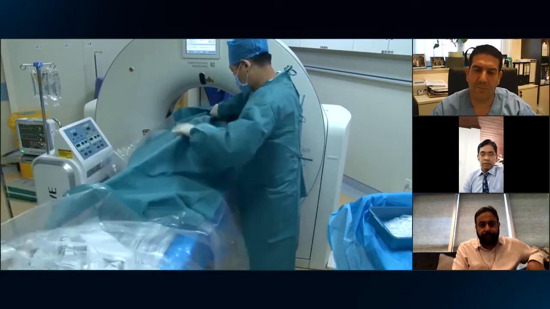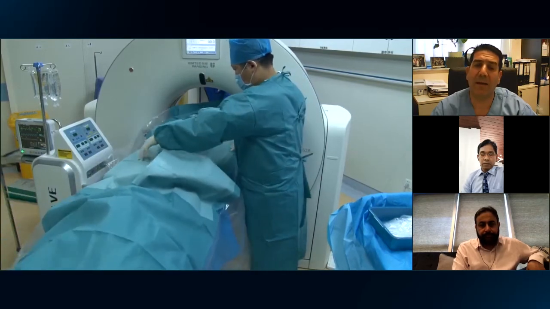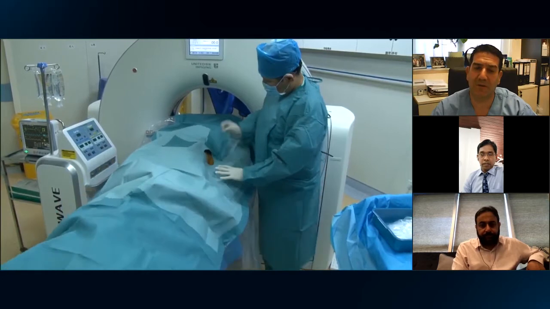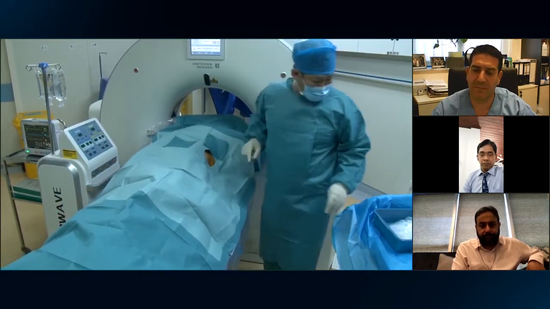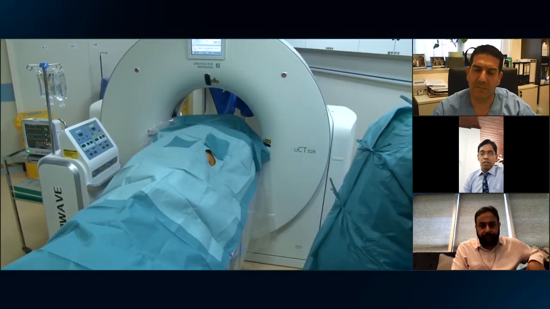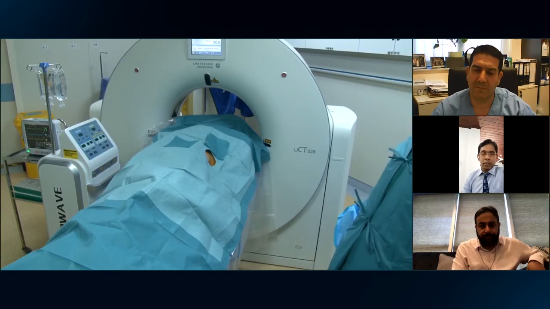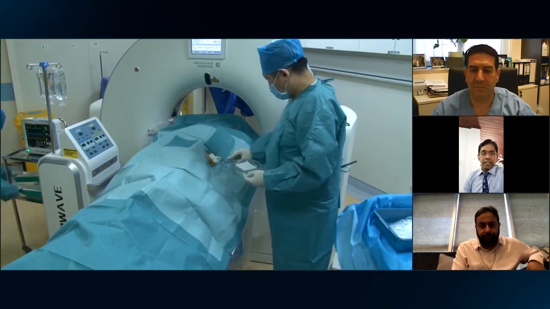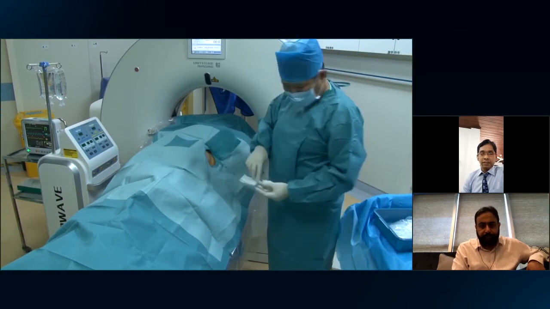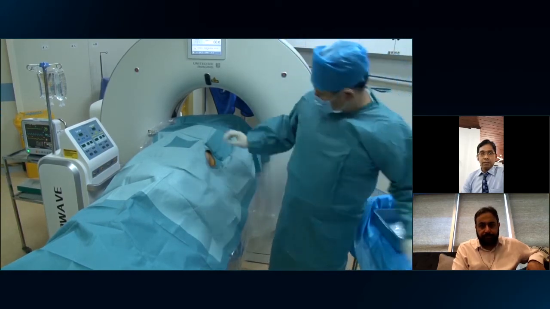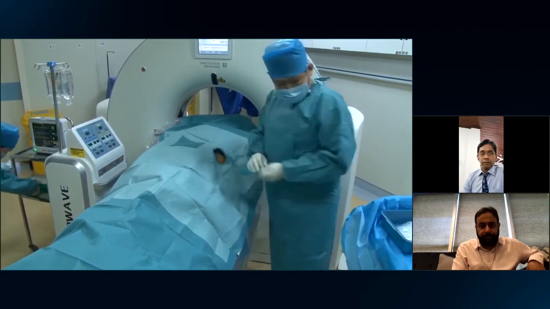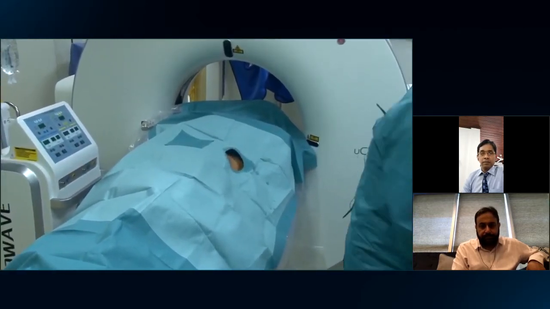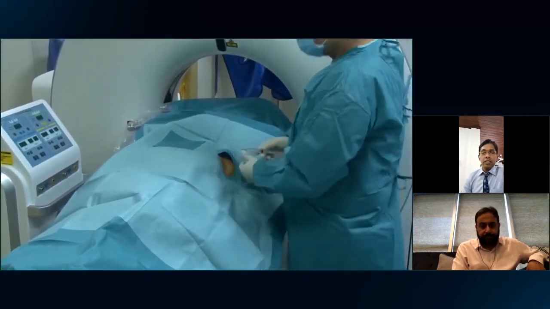Meaning that you put one needle inside the other instead of puncturing directly. Because with coaxial, it is easy to take a core biopsy.